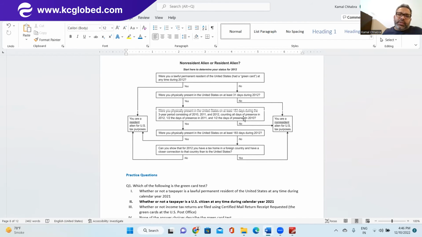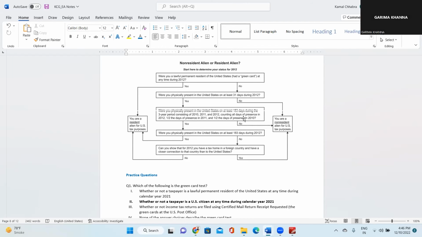First question, it says, were you a lawful permanent resident of the United States of America? That means, are you a green card holder? If the answer is yes, then go to the left hand side. You will see you are a resident alien for US tax purposes, right? If you are a green card holder, that means you are a resident for tax purposes, right?